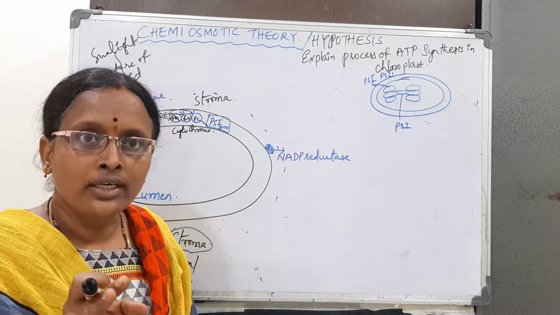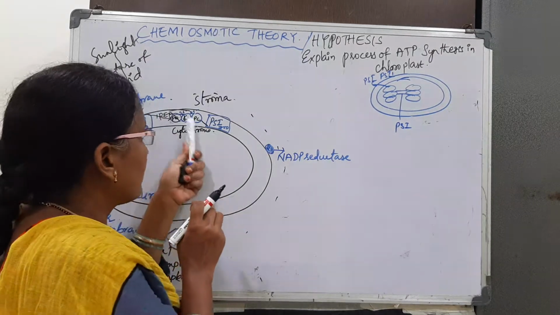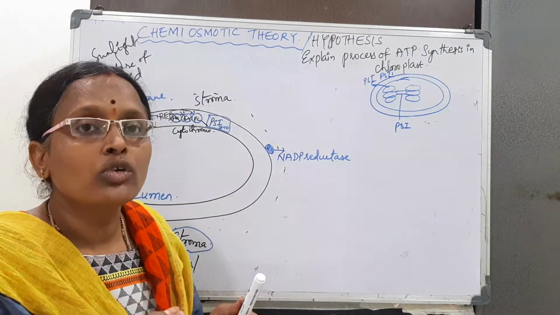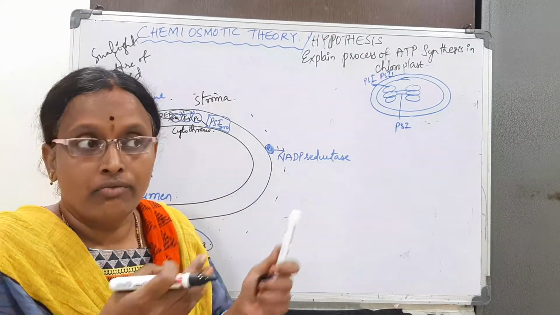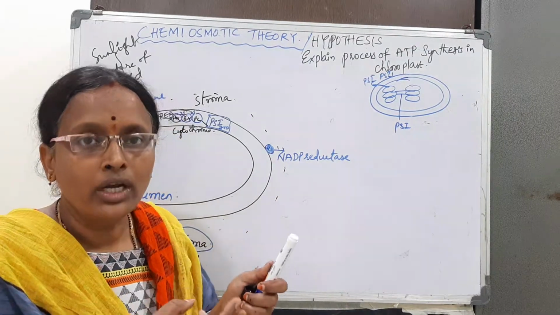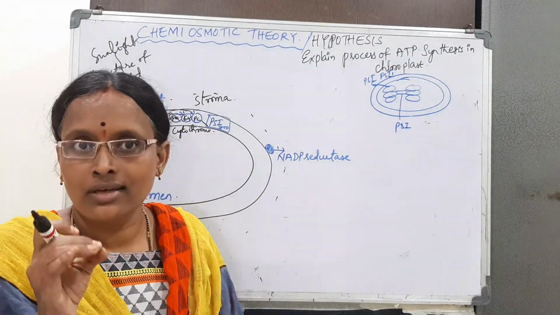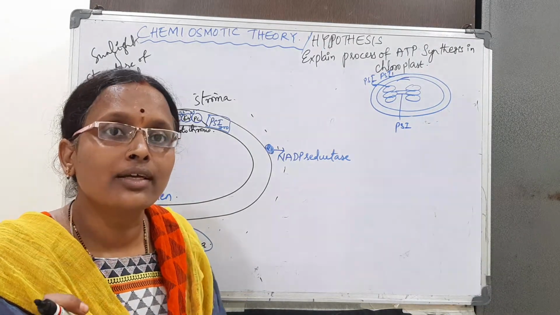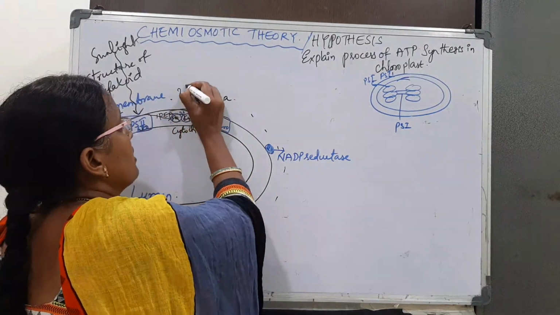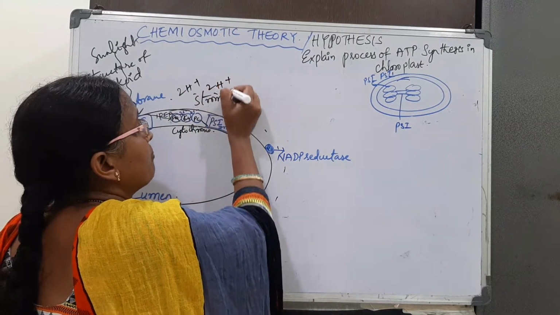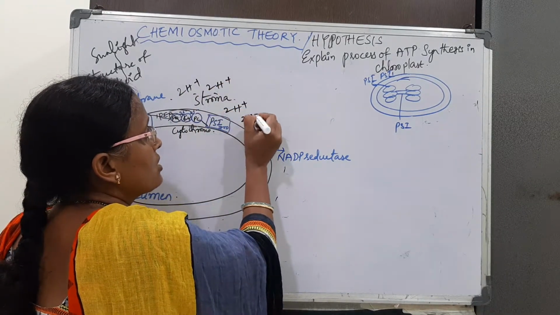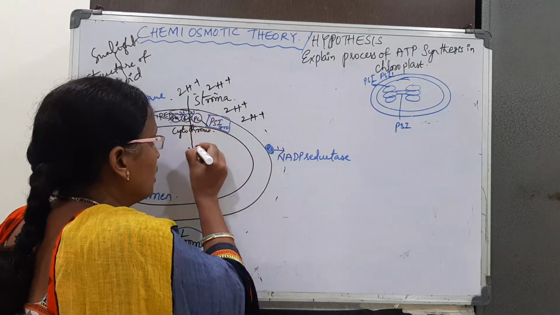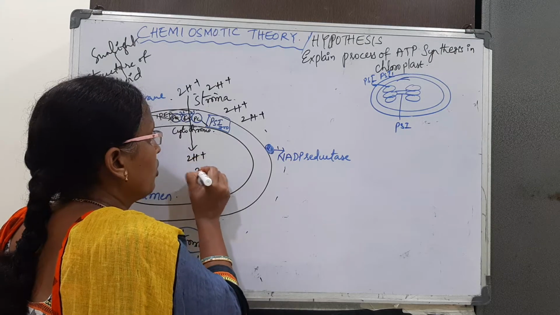Not only that, while the electrons are coming from a higher level to a lower level, some amount of energy is released. By utilizing that energy, it pumps some protons. Protons are present in the stroma. It pumps some protons into the lumen of thylakoid.